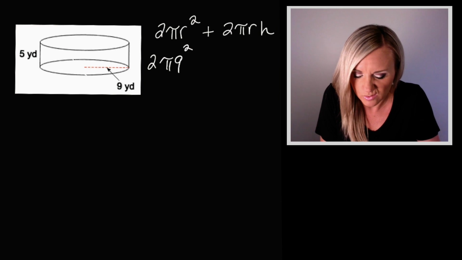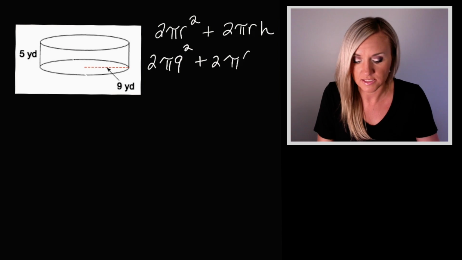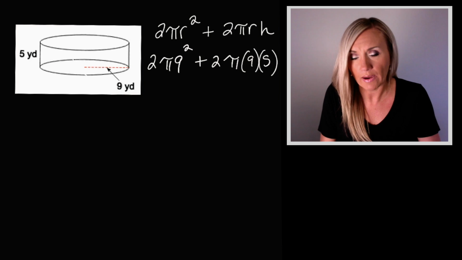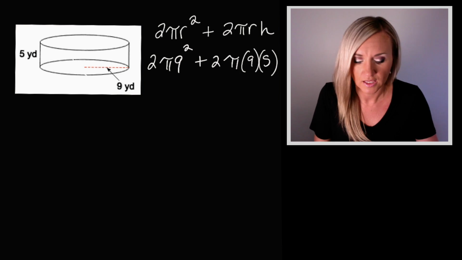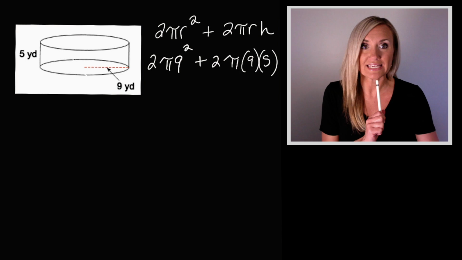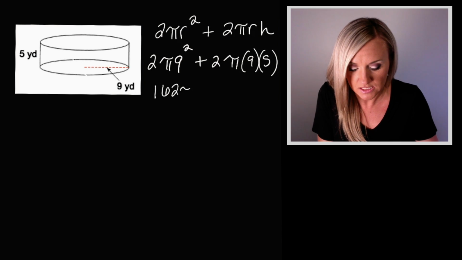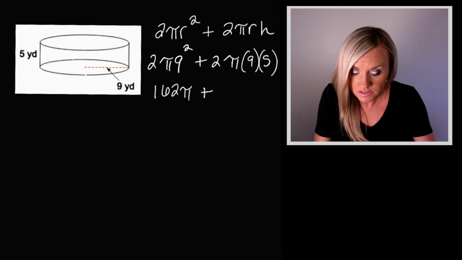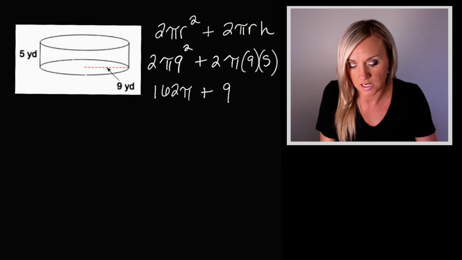So let's write down 9 squared plus 2 pi, our radius is 9, times h, 5. Now I put those two in parentheses so that it doesn't look like 95. Okay, so 9 squared is 81, and 81 times 2 is 162 pi, plus 2 times 9 times 5 is 90 pi.